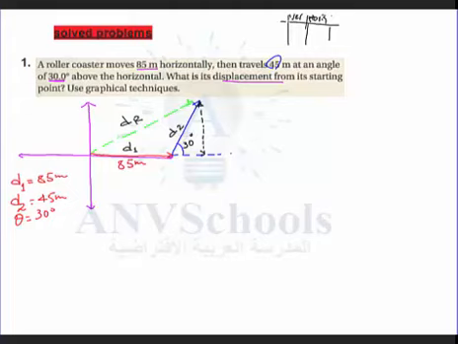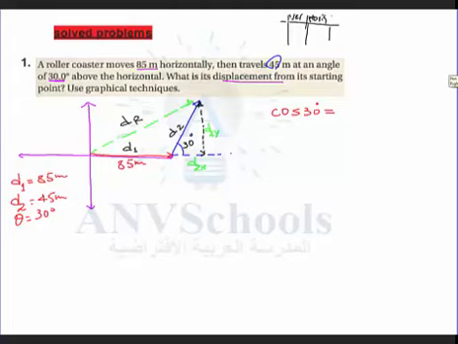That's d2. I know that cos 30 degrees is defined as the adjacent side divided by the hypotenuse. This is d2x, the horizontal component, and this is d2y.